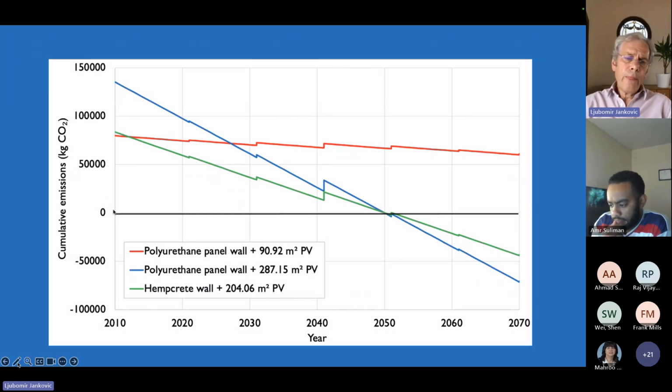You can see that in both conventional and hempcrete wool, starting emissions are higher than the starting emissions of the unchanged system with PV fitted on the roof.